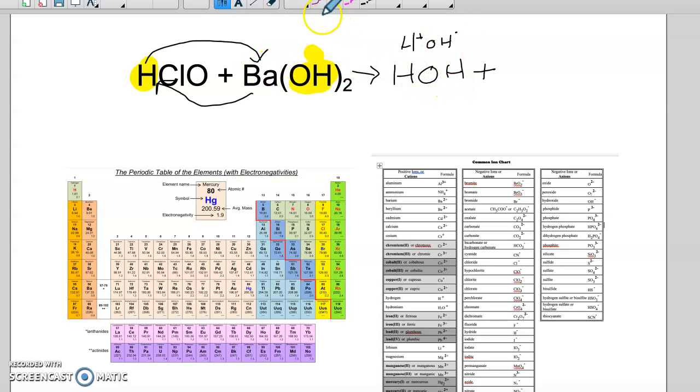So the other part then I need to put together is the barium with the hypochlorite. So barium is right here, and I know it's +2. And the hypochlorite is somewhere in here. Not finding it right there. So I know it's ClO with a -1.